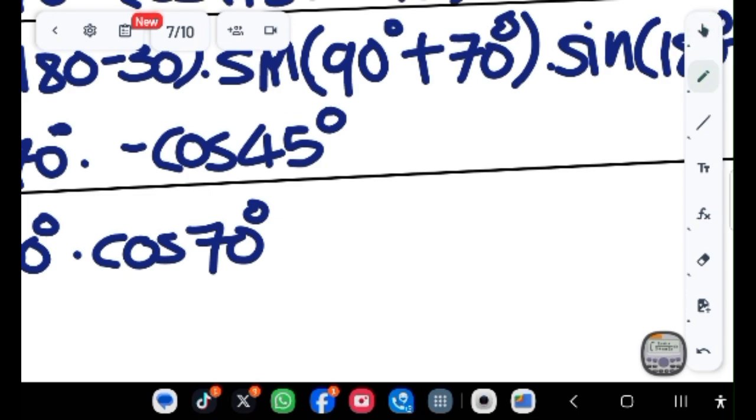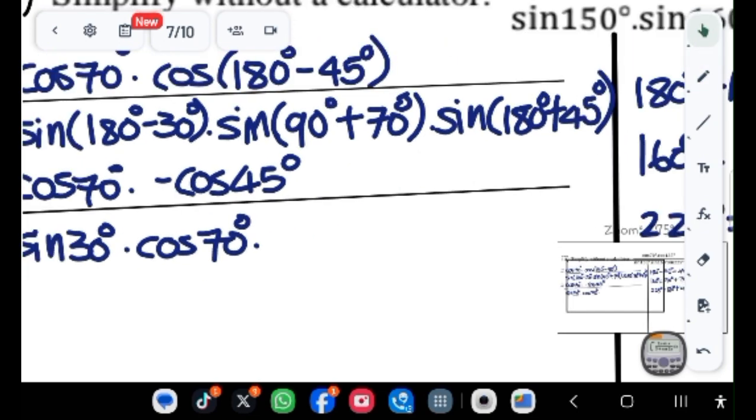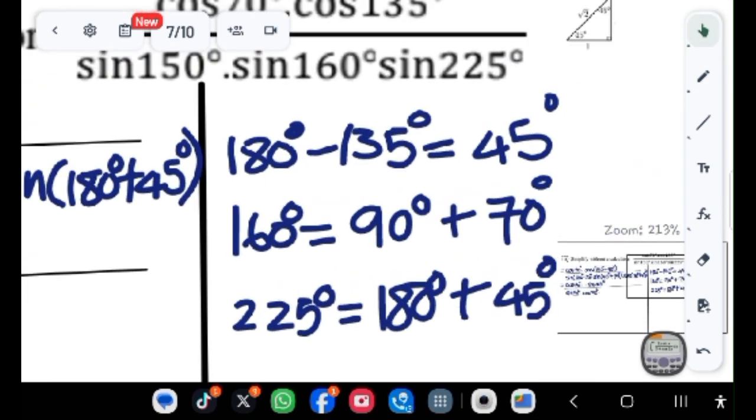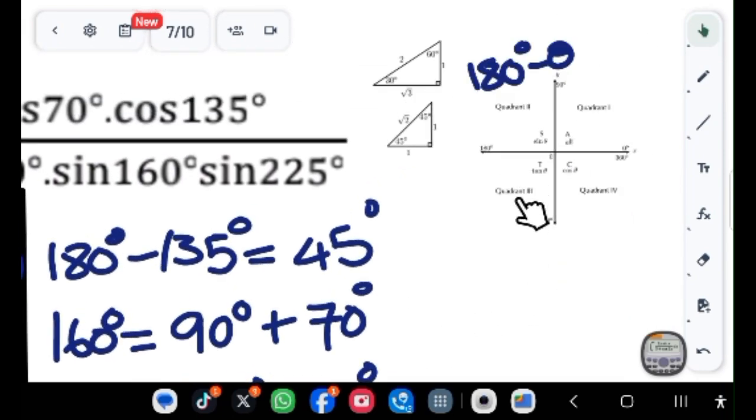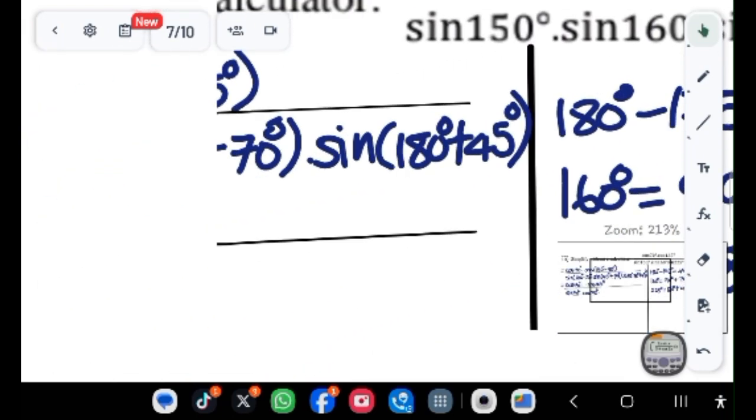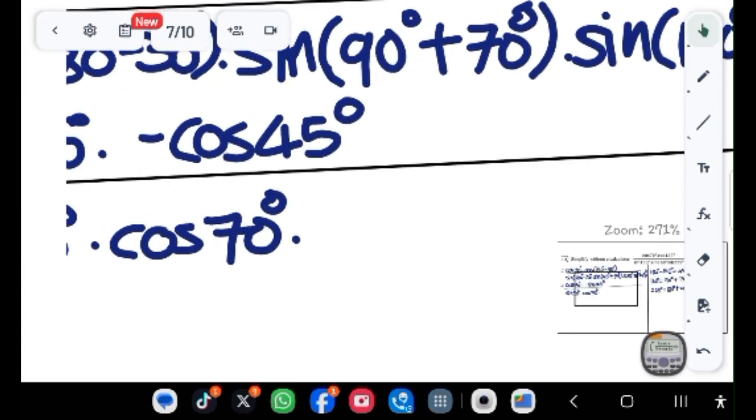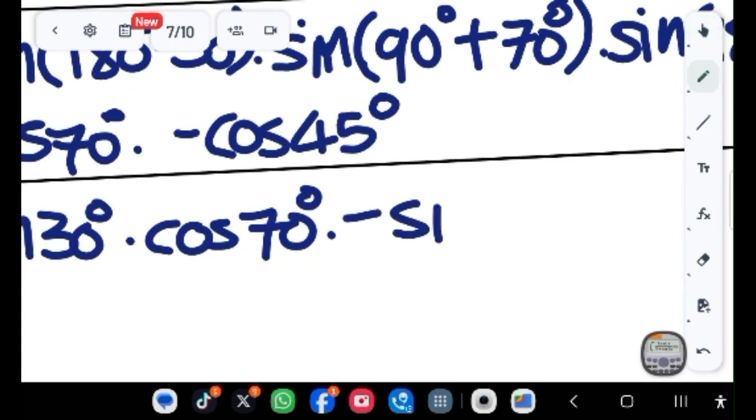So we're good because they will cancel each other out. 180 plus 45 degrees lands us in the third quadrant, where sine is negative, so that reduces to negative sine of 45 degrees.